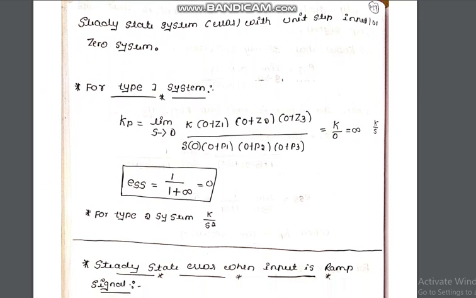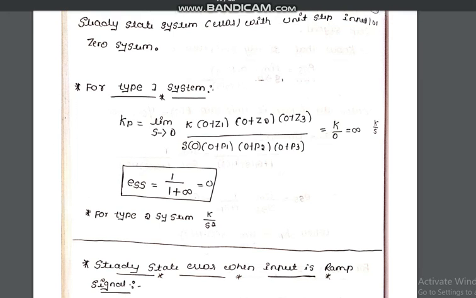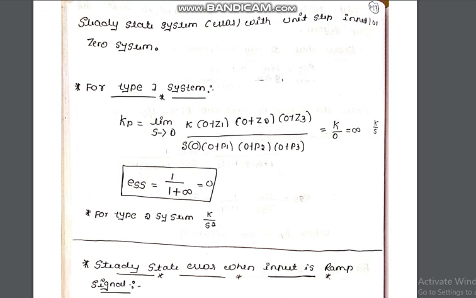Next, steady state error with the unit step input for a type 1 system. Kp is equal to limit s tends to 0 of K into (0 plus z1)(0 plus z2)(0 plus z3) divided by s into (s plus p1)(s plus p2)(s plus p3).